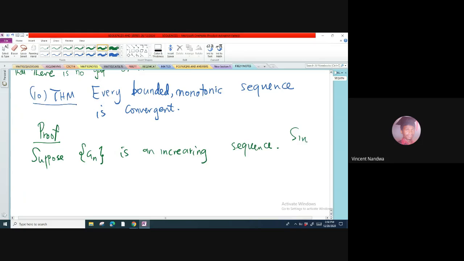Since an is bounded, the set S has an upper bound.